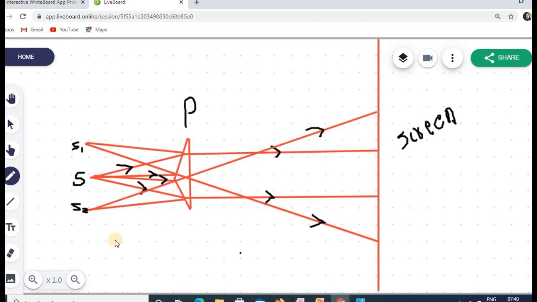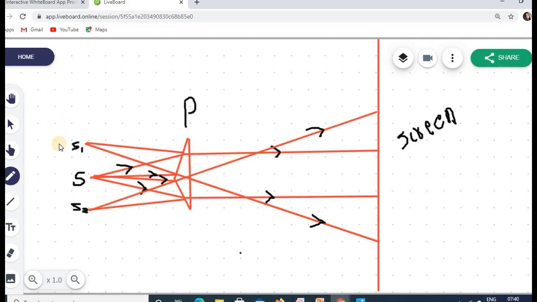Okay, and for a person who is standing from here, he has a feeling that these are the rays. This is the ray which is actually coming from this source S1, and this is also the ray coming from the source S1 if you extrapolate to a source S1. Similarly, for a person standing here and looking, he'll have a feeling that this ray is coming from the source S2, and this also is the ray coming from the source S2.